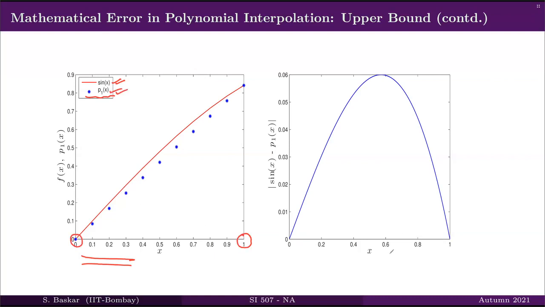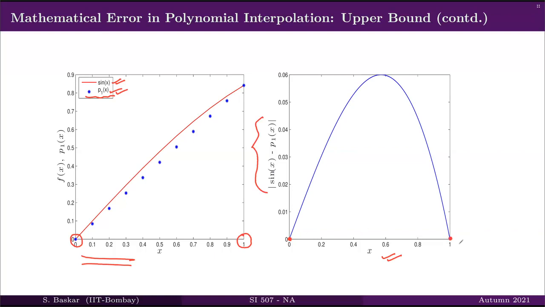That is evident from the error also. You can see that the mathematical error, in this case, you can explicitly find. We don't need any sophisticated theorem to give the expression, or even any sophisticated ideas to estimate it. We can just explicitly find it. You can see that the error at these 2 points takes the value 0.